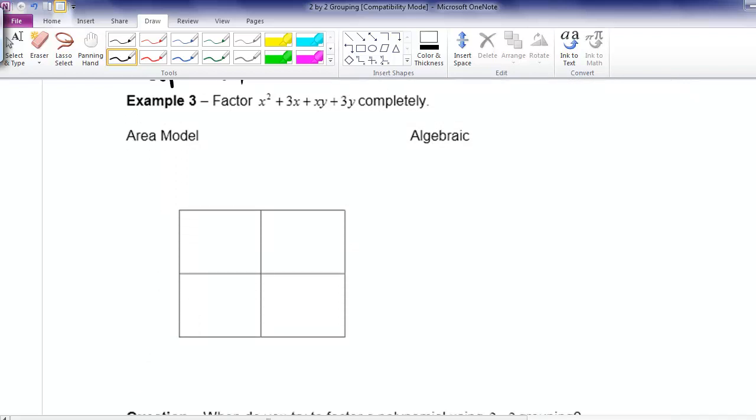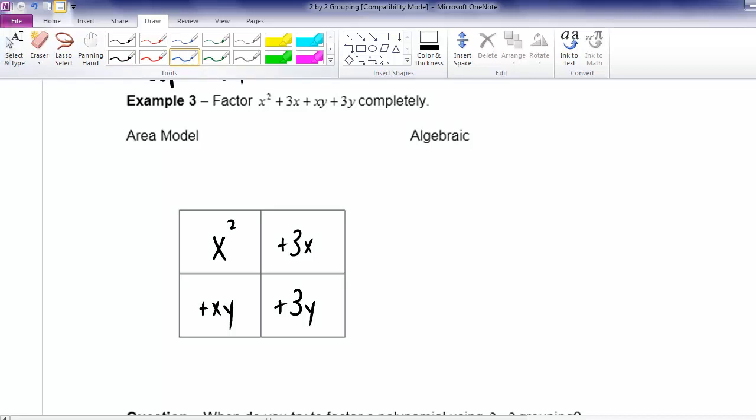Factor this polynomial completely. So again, there are 4 terms, and I'm going to fit it into this picture. I'm going to put my x squared term in the top right. I'm going to put my like terms across from each other. And I'm going to put the last thing right there. And now I'm going to go ahead and find out what the dimensions of each little piece have to be.